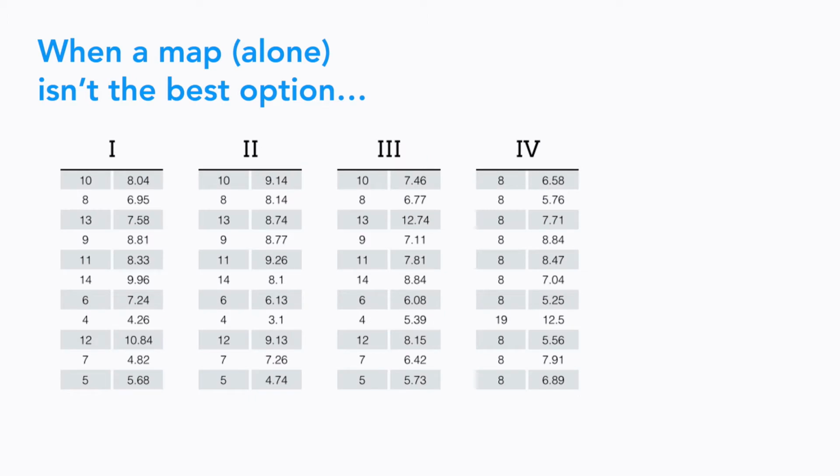Another example of when visualizing our data becomes really important is with relationships. This is a classic example called Anscombe's quartet. These 4 data sets have the exact same mean, median, standard deviation, and R-squared. So if we were just to get those summary variables, we might think that these are all very similar or exactly the same.